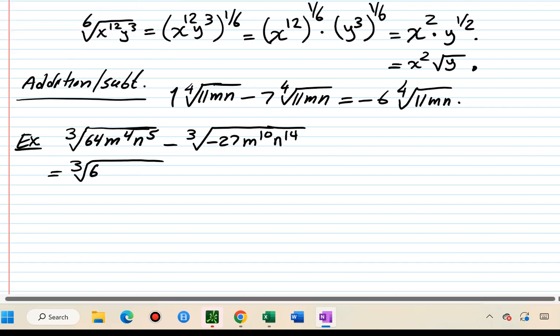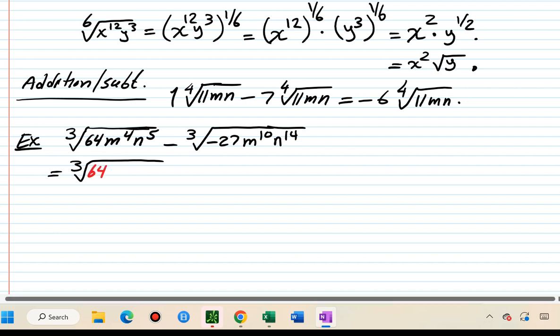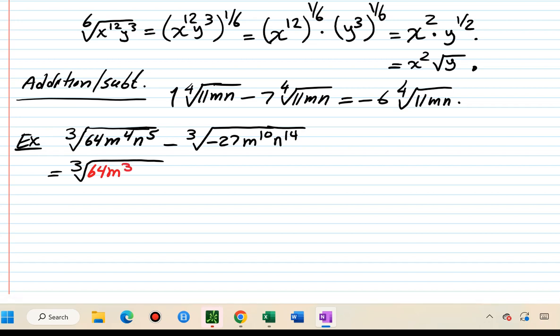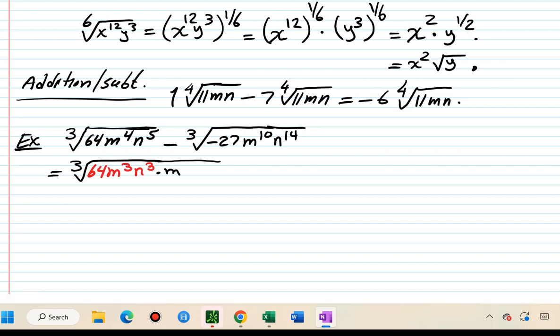Perfect cubes, I'm going to write them in red. 64 is a perfect cube, meaning I can take its cube root and it becomes 4. M cubed is a perfect cube, n cubed is a perfect cube. So I have the perfect cubes written in the first radical. Now I had m to the fourth, so I have one more m. I had 5 n's, so I need 2 additional n's in the first radical.